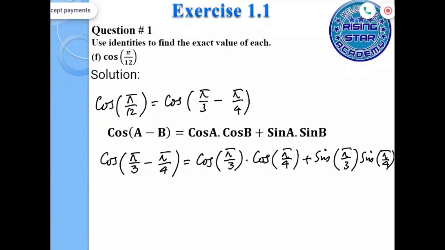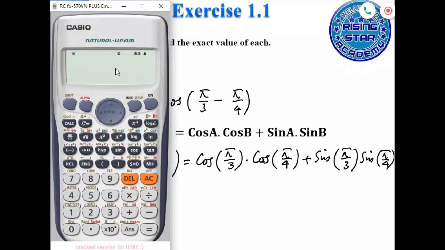Now I would use the calculator to find the values. Our calculator is already in radian form. So I would check cos of shift pi divided by 3, that is 1 over 2.